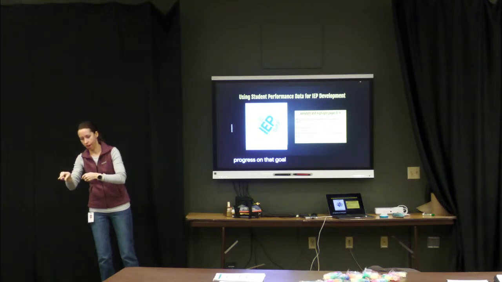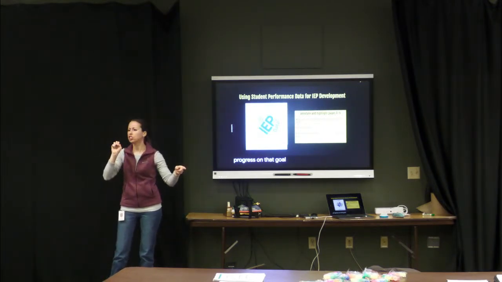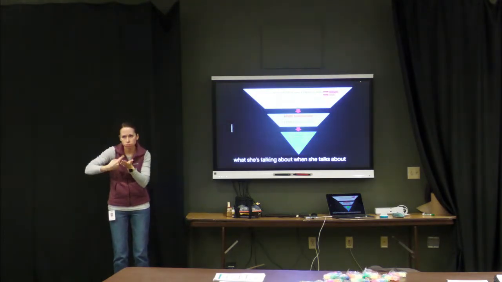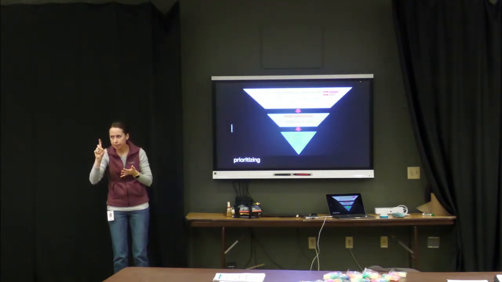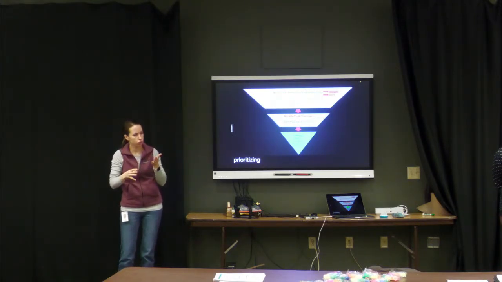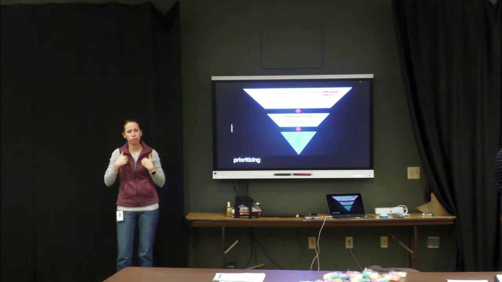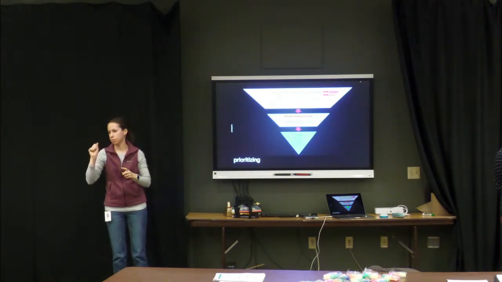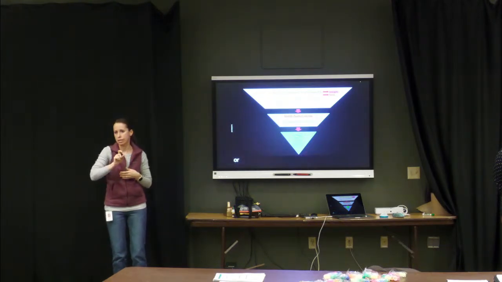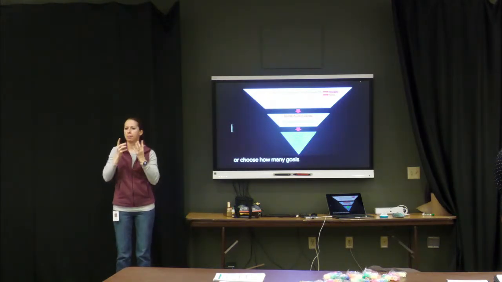Can I ask a question? Do you all have any questions about what she's talking about when she talks about prioritizing need? Because I know we have several students that have multiple disabilities, and sometimes it's hard for us to prioritize their need or choose how many goals we want to write.